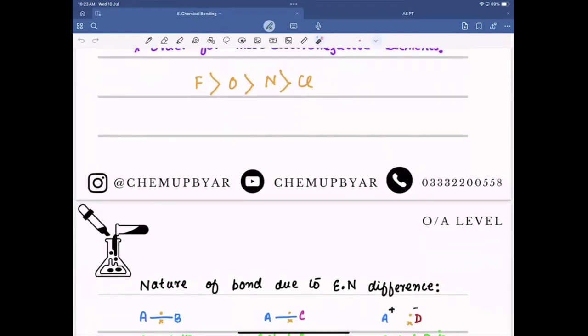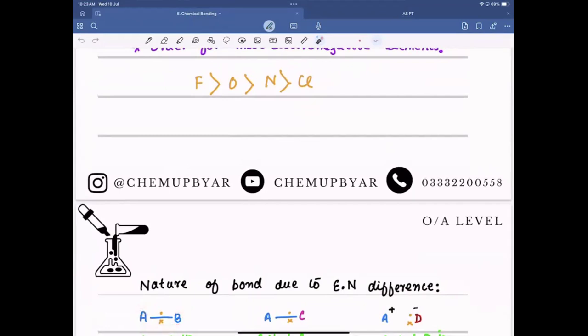In the first case, the shared pair of electrons is exactly at an equal distance from both the nuclei, isn't it? Yes, sir. So what will be the electronegativity difference between these two? It would be minimum, or none.